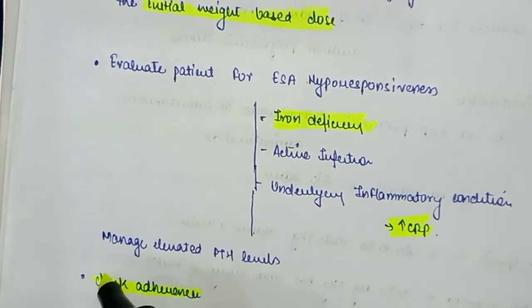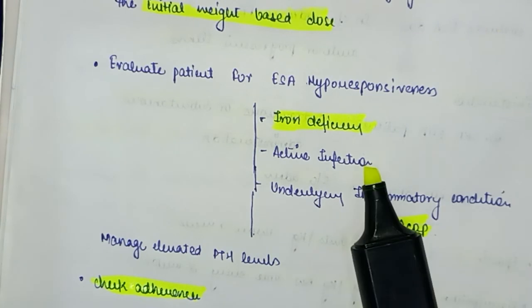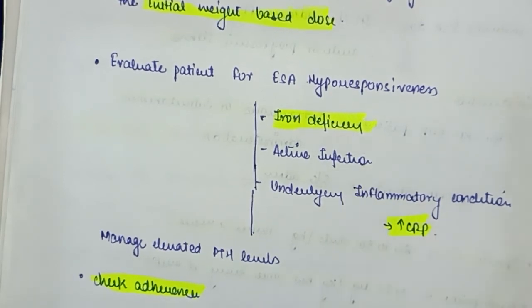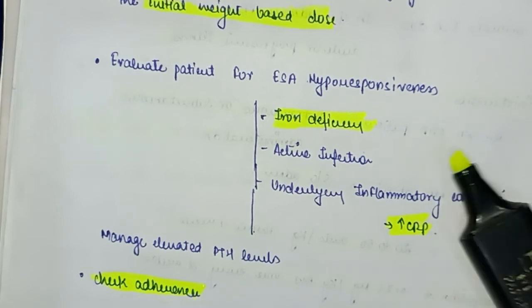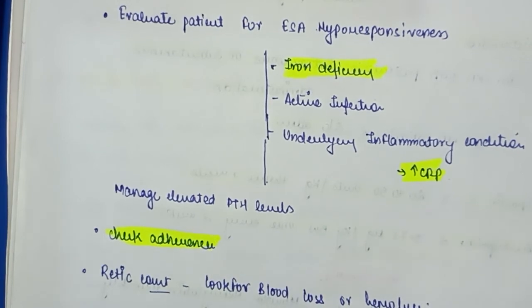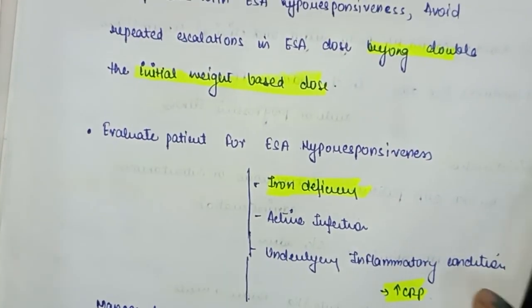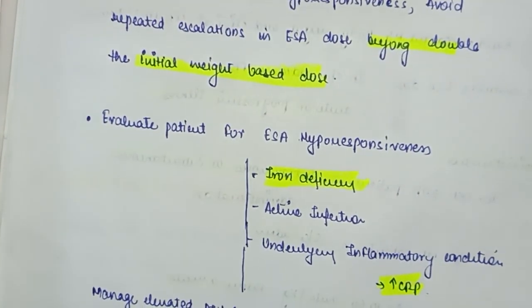Also check the adherence level, whether the patient is compliant with the dose prescribed. Then look for an elevated red cell count. In case of hyperproliferative marrow, look for blood loss or hemolysis. Order endoscopy or colonoscopy according to the status of the patient. So these are the causes why ESA hyporesponsiveness can be seen in patients with CKD.